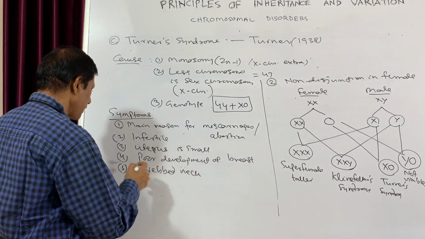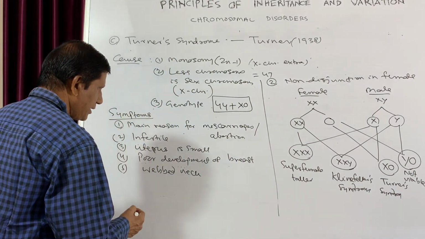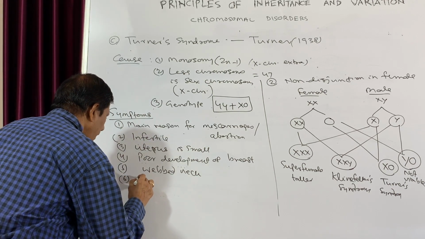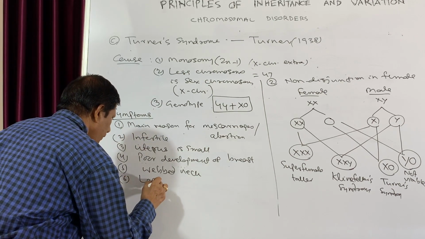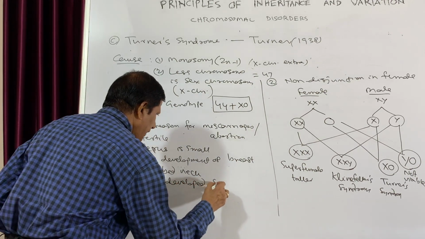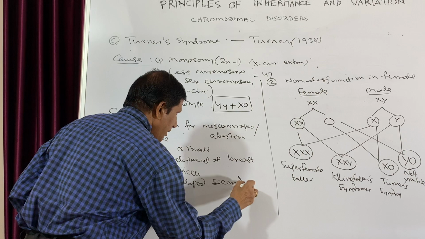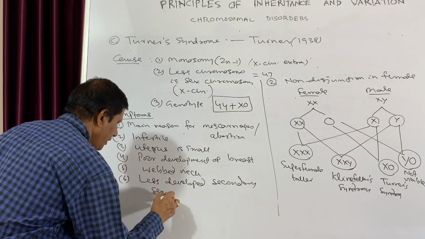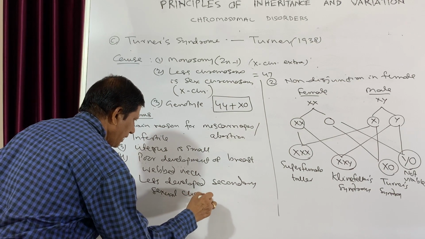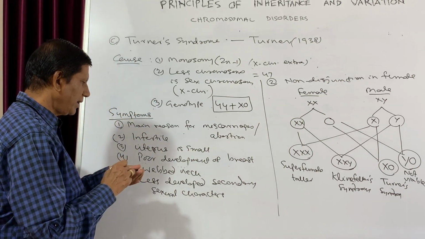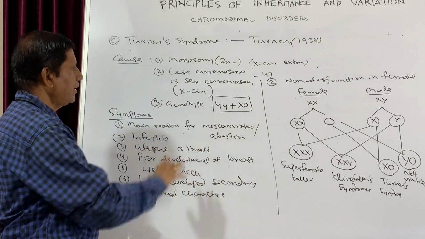But this is also an important point. And another is less developed secondary sexual characters. The secondary sexual characters are not well developed. So these are the different symptoms in case of Turner syndrome.